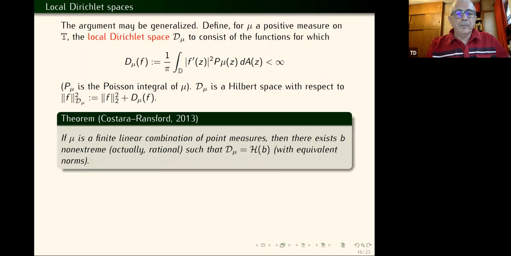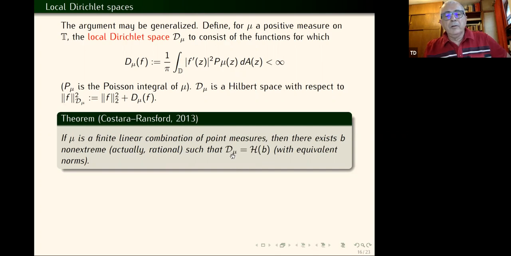And there's a theorem of Costara and Ransford that says that in the case that mu is a finite linear combination of point measures, then there exists a non-extreme rational b such that D mu is equal to H of b with equivalent norms.